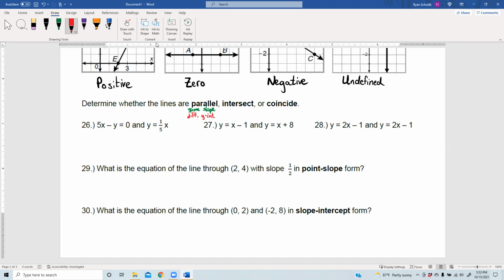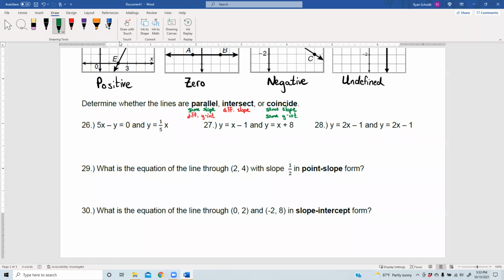Intersect means they have a different slope. And then coincide means they have the same slope and they have the same y-intercept. Everything about them is the same.